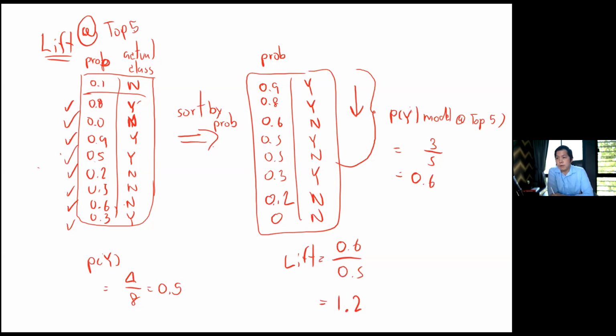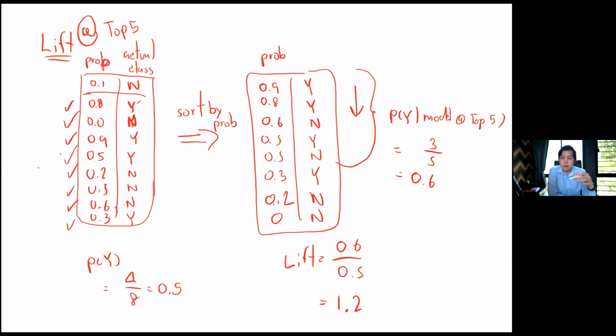The lift of 1.2 means that it raises the chance to find class yes by 20 percent. So it's more than random.